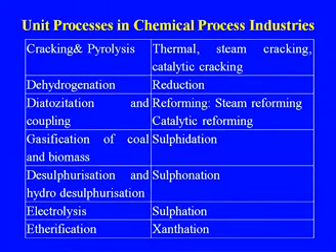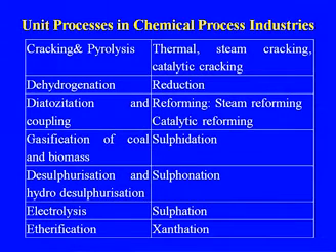Steam cracking was developed for the cracking of naphtha and of gases, where we are producing the olefins. Reduction, reforming, steam reforming, catalytic reforming. Steam reforming is very important for the manufacture of hydrogen and of synthesis gas.